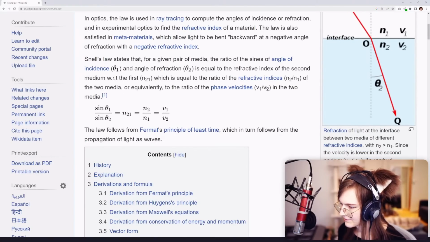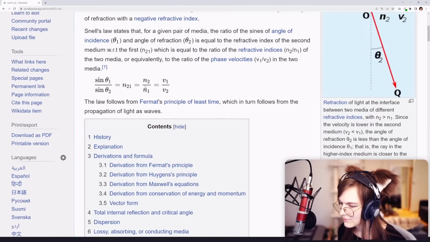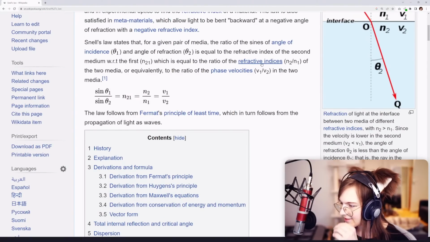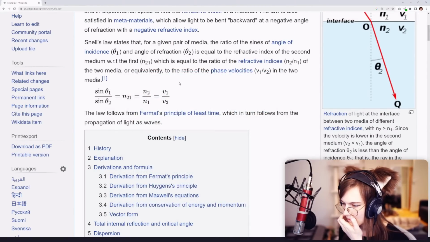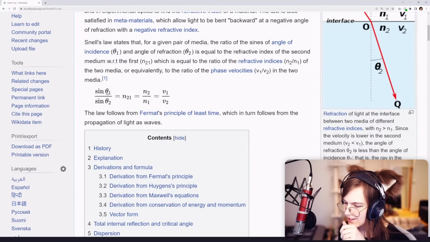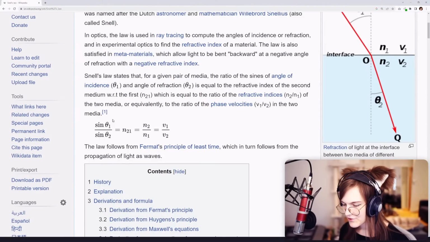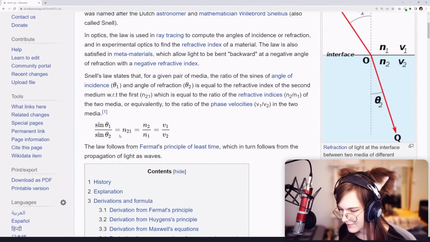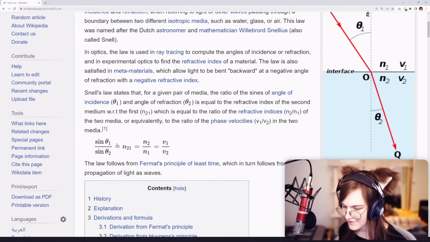Yeah, so N1, N2 are the refractive indices of the two different media. And then you have your angles here, and then you can just do some shuffling around to figure out the angles.